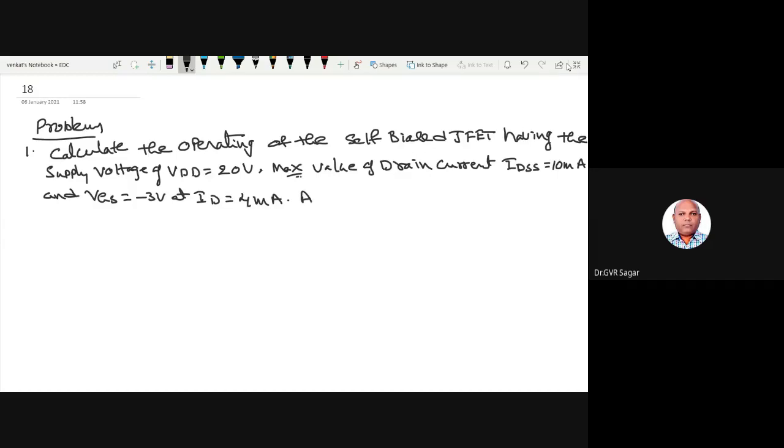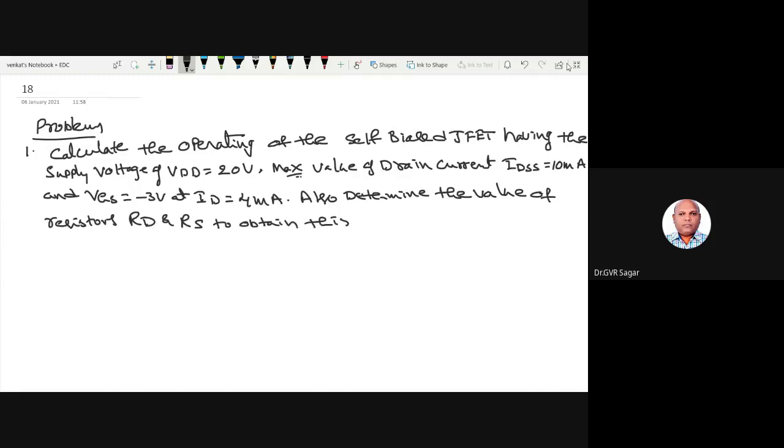Also determine the value of resistors RD and RS to obtain this bias condition.